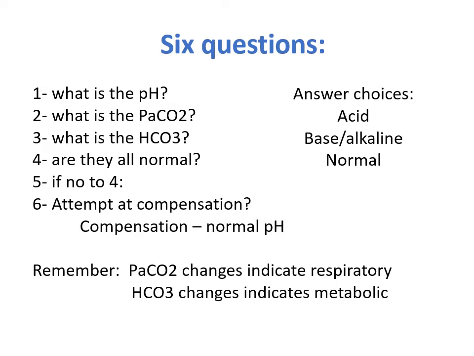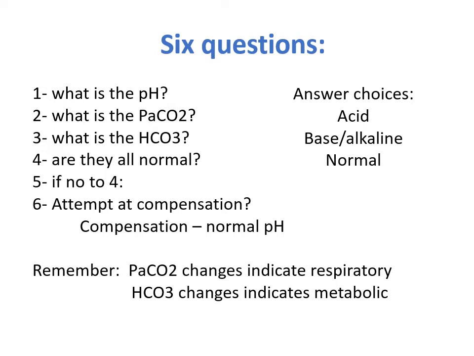You're using the bicarb to buffer the acids that are in your blood. If you have an elevated bicarbonate and your pH is greater than 7.45, you likely have a metabolic alkalosis.